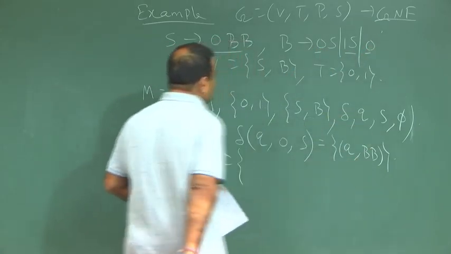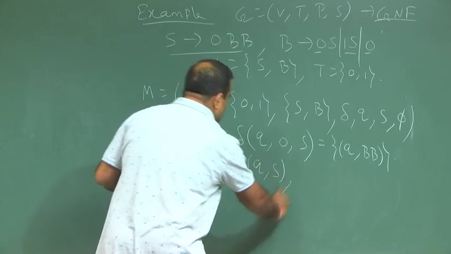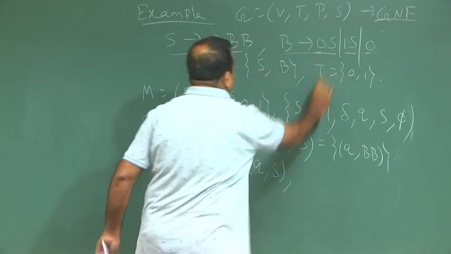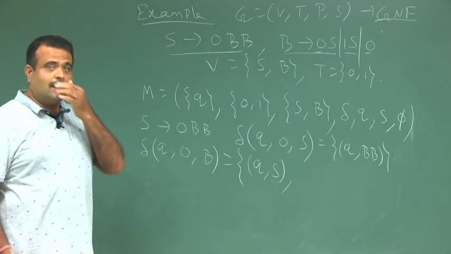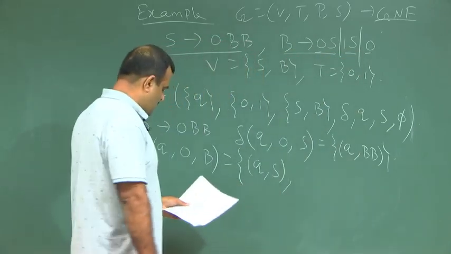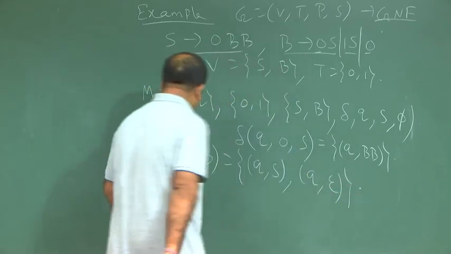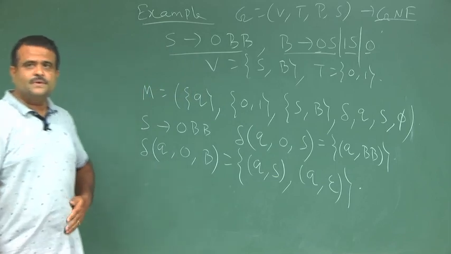So, here nothing means it is epsilon. So, it is (q, S) coming from this production, and we have B going to 0, from here we have (q, epsilon). These two rules we have.